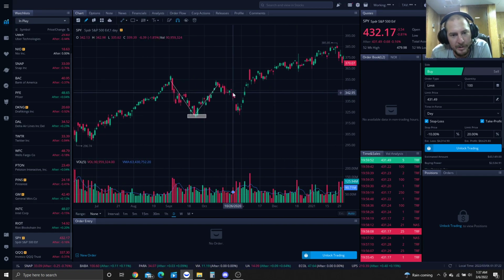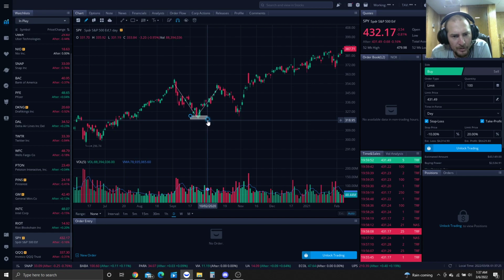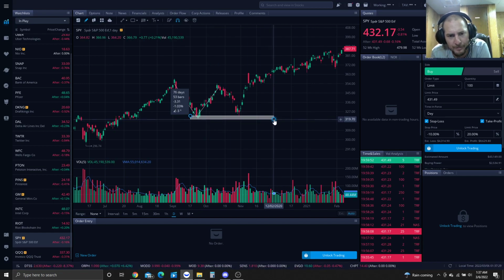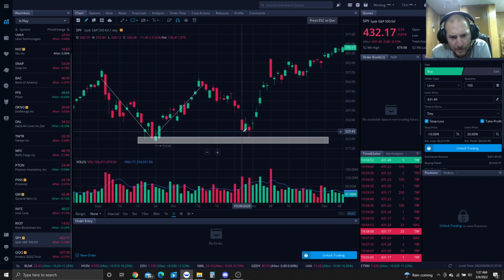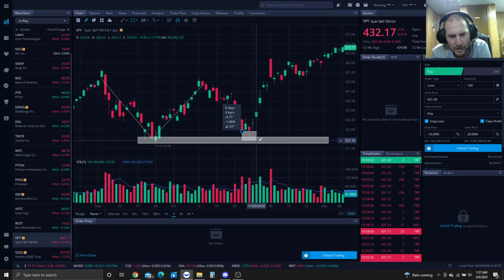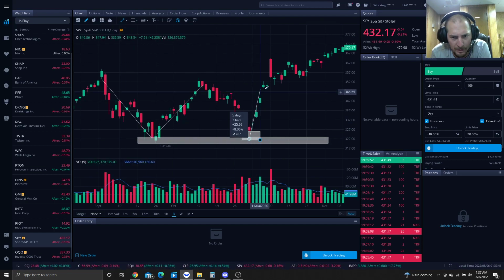What is expected is that when price returns to that demand level and retests it, there are unfilled orders at this location, and when those orders fill, you are going to get another rally, right?